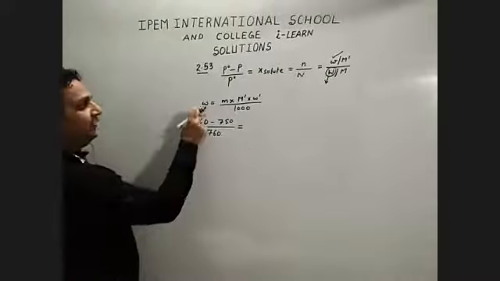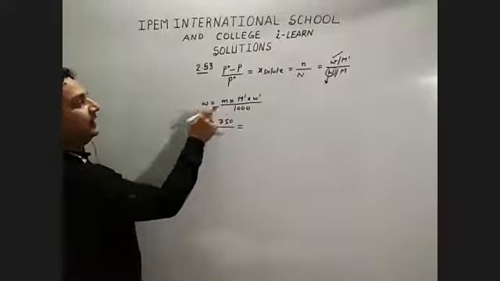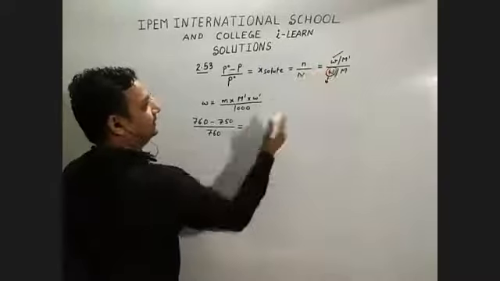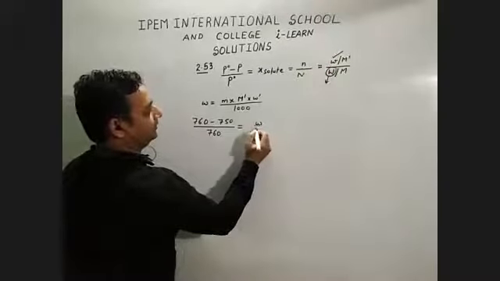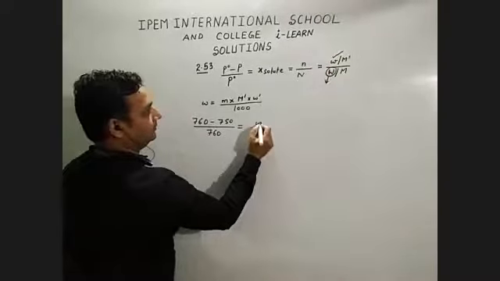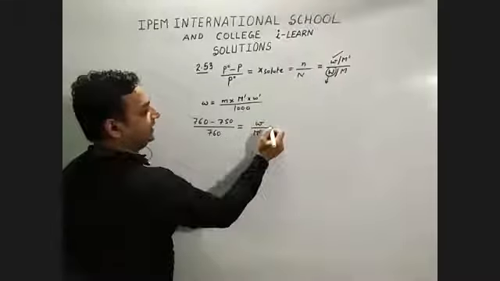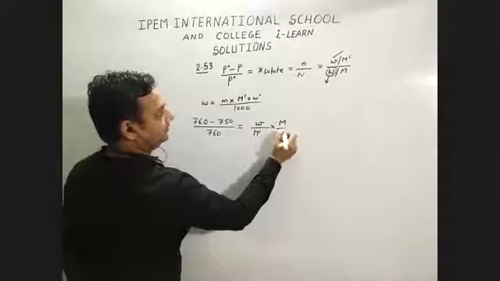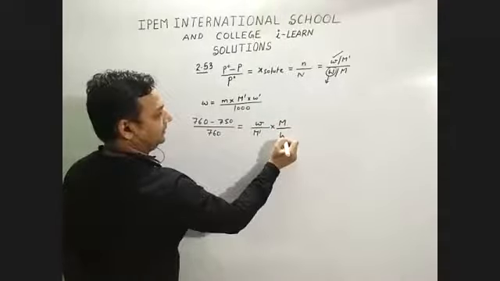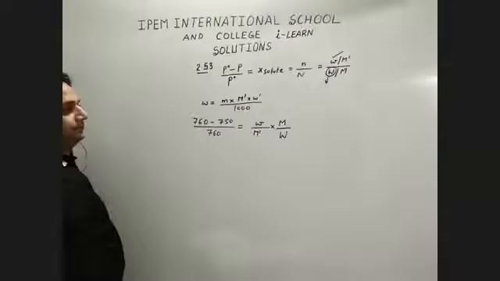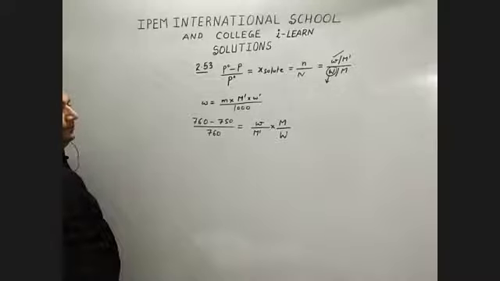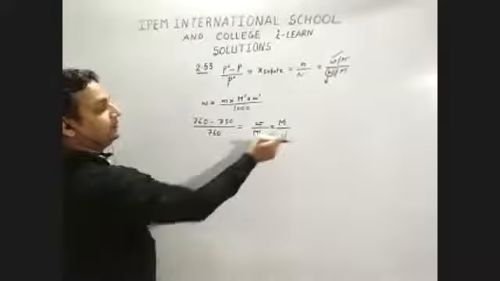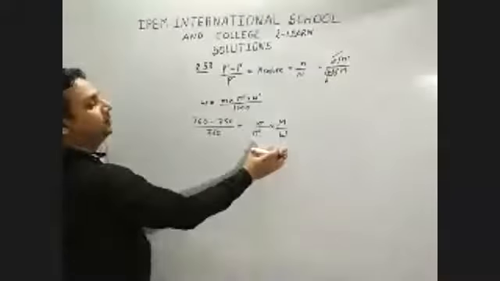So what we can do, I have given you this value, directly put it in that formula. Now this can be written as W upon M dash into M upon capital W. This is M dash, the molecular mass of solute, and this is the molecular mass of solvent. We have already discussed all these.